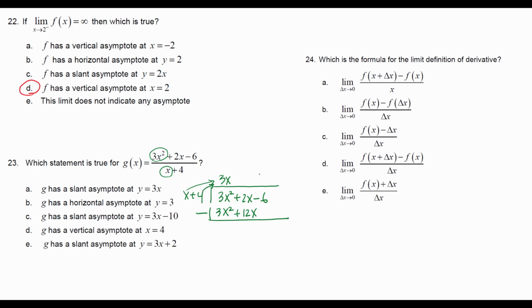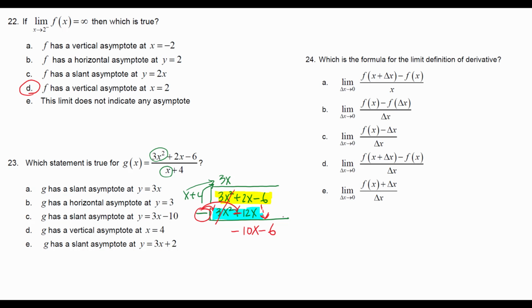When you subtract the top polynomial minus the bottom polynomial, the negative needs to be distributed. That's how we subtract polynomials. So 3x squared minus 3x squared is gone, and it is 2x minus 12x, which is negative 10x. And then you can bring down the next term, which is negative 6.